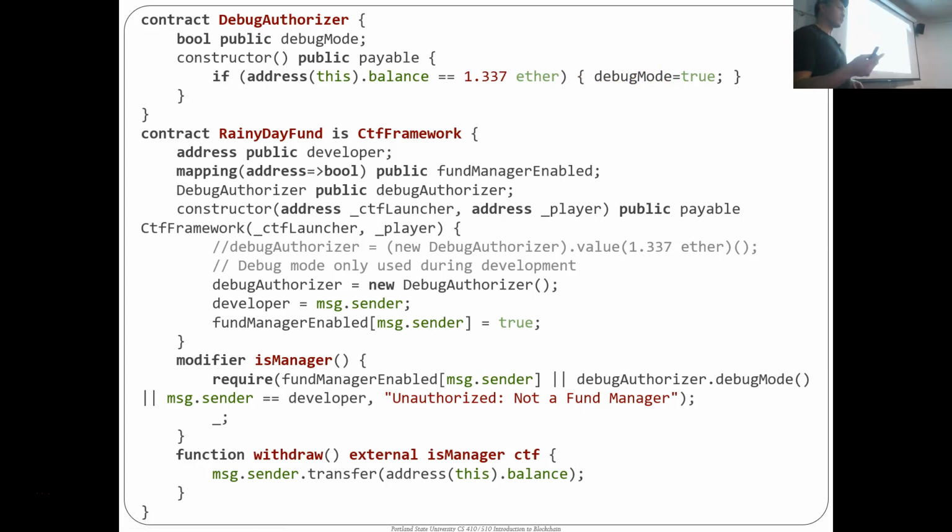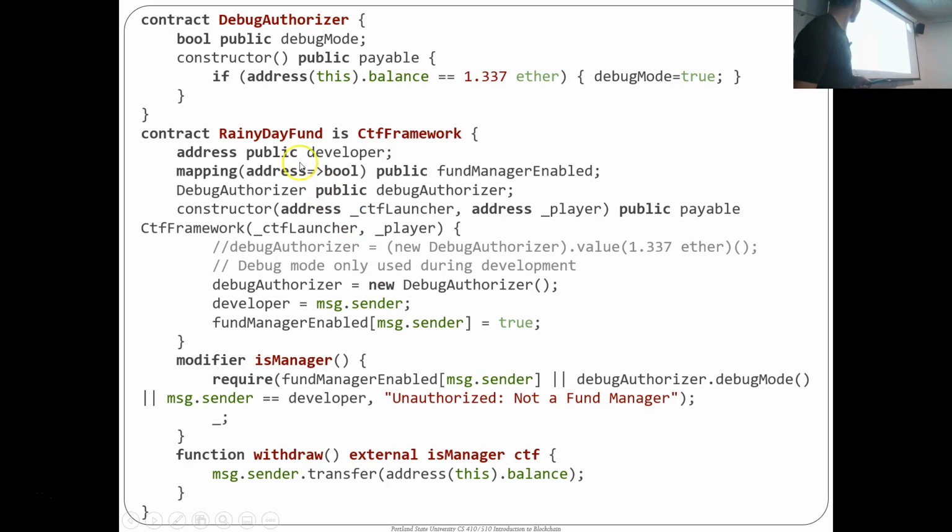The idea here is that the developer of this smart contract is going to set this to 1.337 if he or she needs to debug the thing. So that's the model. They want to debug this rainy day fund contract, which is below.